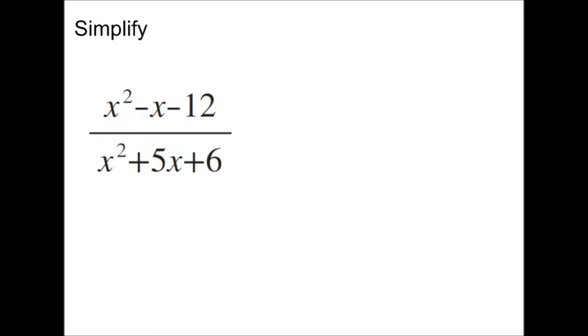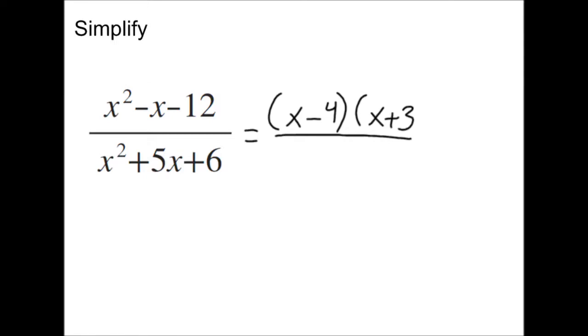So instead, maybe we want to try to factor these. On the numerator at the top, this factors out to x minus 4 and x plus 3. And on the bottom, we have x plus 3 and x plus 2.